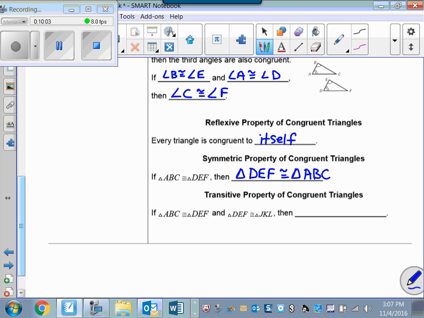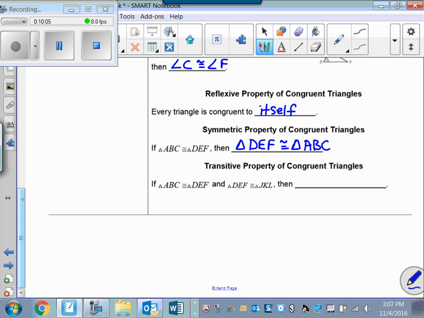And of course, that's the symmetric property of congruent triangles. And finally, if triangle ABC is congruent to triangle DEF, and triangle DEF is congruent to triangle JKL, then by the transitive property, of course, we can say that triangle ABC is congruent to triangle JKL.